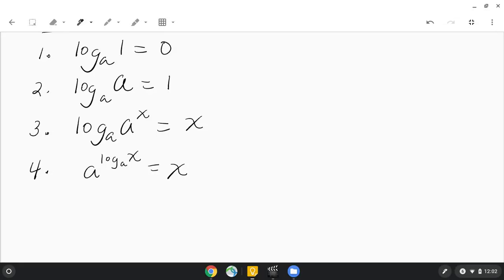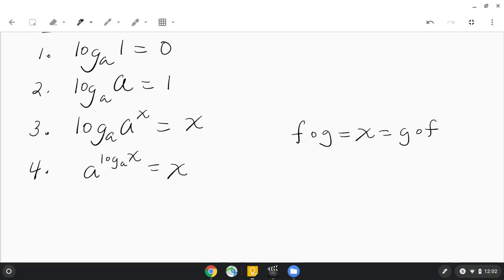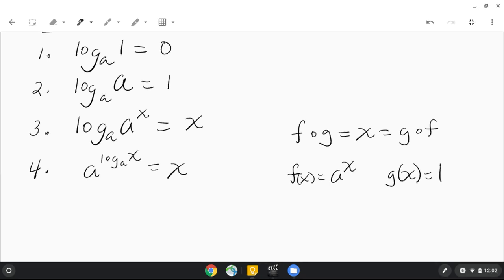And if you remember, we have that property that says, okay, well, if f and g are inverses of each other, then f circle g, when you do that composite, you get x. And when you do the composite the other way, g circle f, you also get x. So that's where this number 4 comes from, okay? Because if your f function is, let's say f is a to the x, and g is log a x, right?